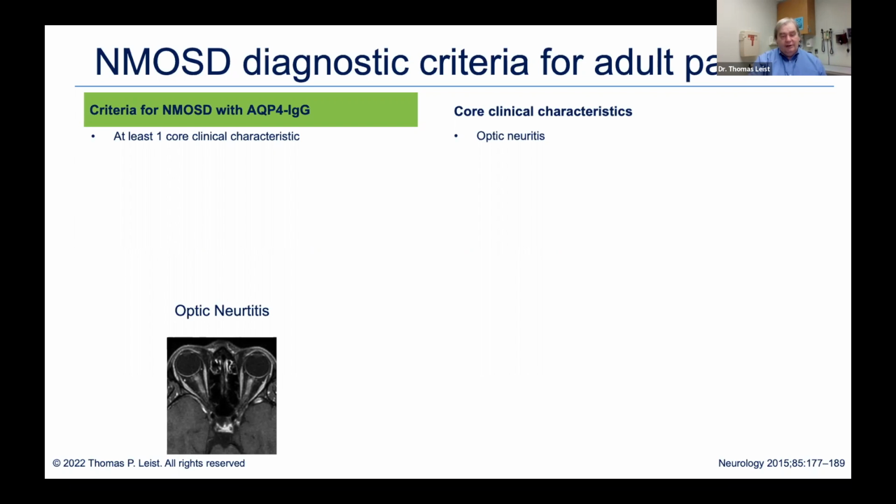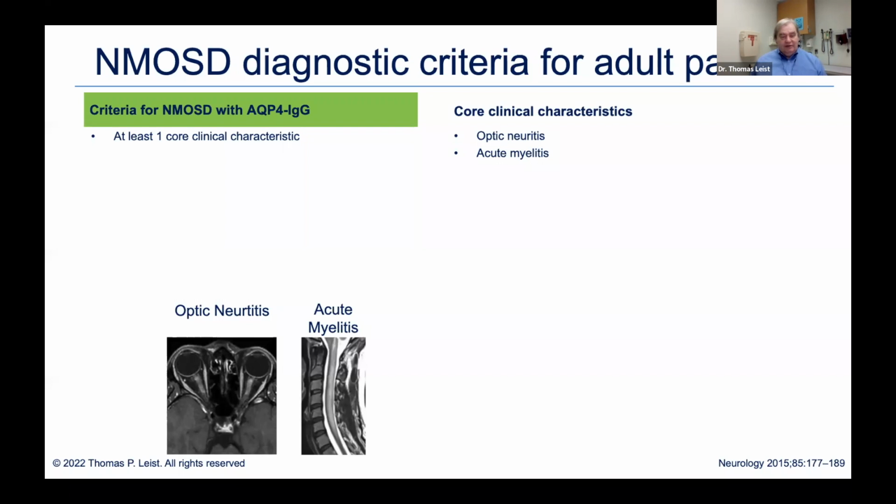So optic neuritis is one of these key presentations. We already mentioned myelitis, and here you see an example of an individual. You see the gray structures that run through the picture, and you see the whiteness in the gray structure. This is longitudinally extensive transverse myelitis.